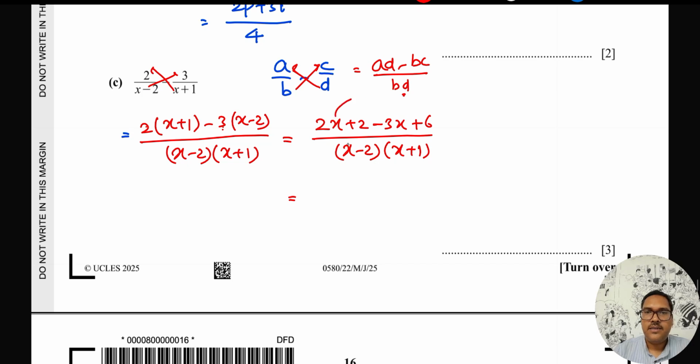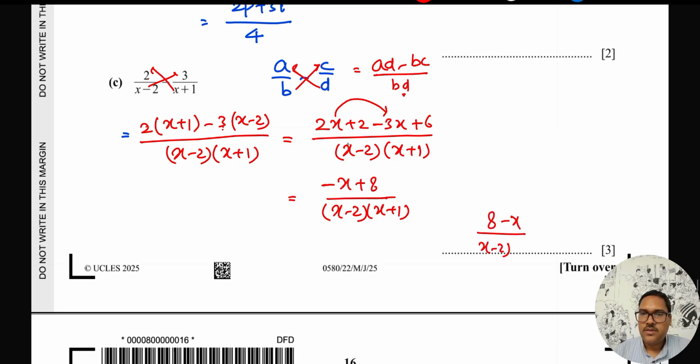I can combine these two. 2x minus 3x is minus x, and 6 plus 2 is 8 upon x minus 2 into x plus 1. So what is the answer? This is 8 minus x upon x minus 2 into x plus 1. If you want to simplify this, you can just multiply the bracket and write the answer. Otherwise, this is also correct.